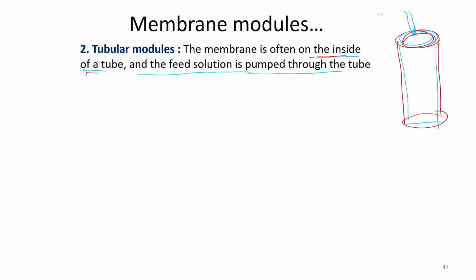Through the core center, that is inside, we pump the feed solution with the contaminants, and the water or some clean fluid comes to the surface outside. So, this is typically a tubular membrane. Also we can have it at the outside, outside of the frame mold.